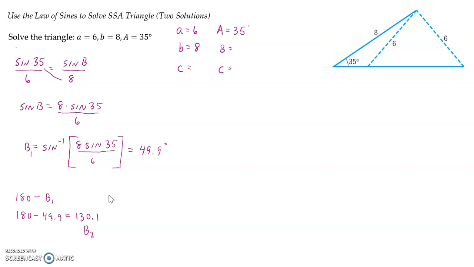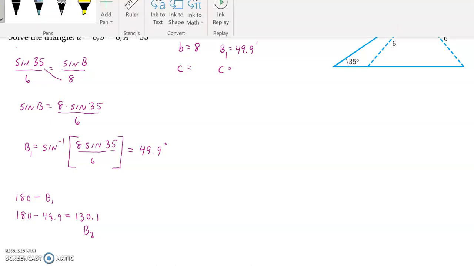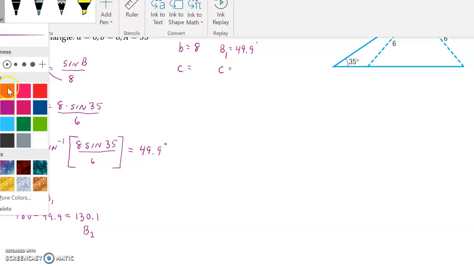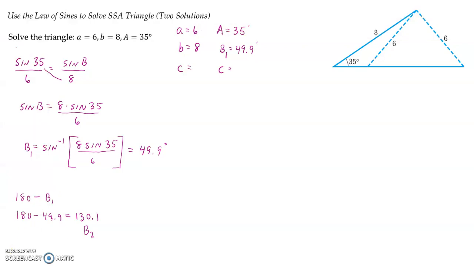So let me go ahead and jot down some of my information up here. My B1 value that we originally found was this 49.9 degrees, right? So we know we have at least one triangle here. Let me go ahead and change colors, and let me summarize the information for our second triangle. I'll jot this one down as close as I can get it.